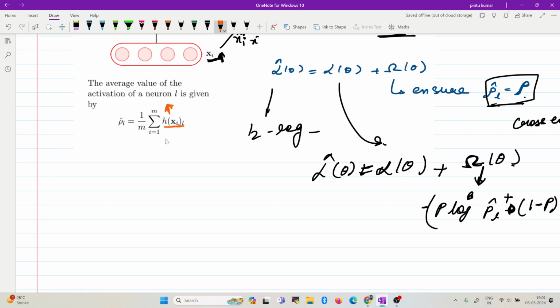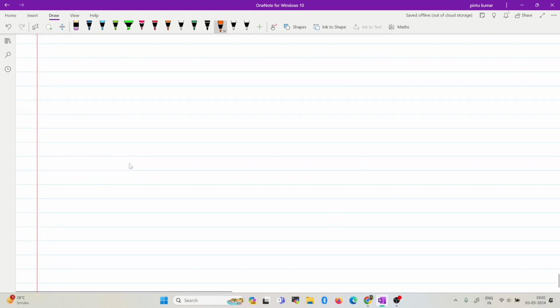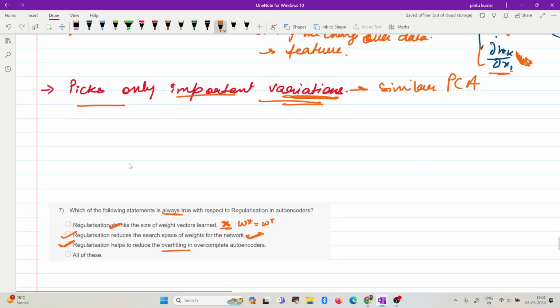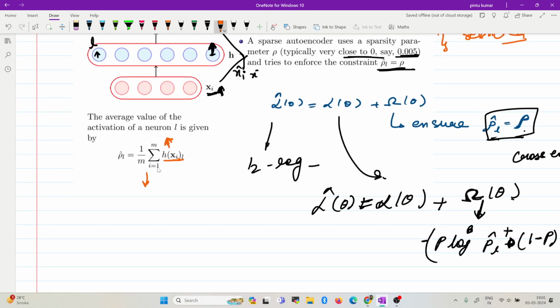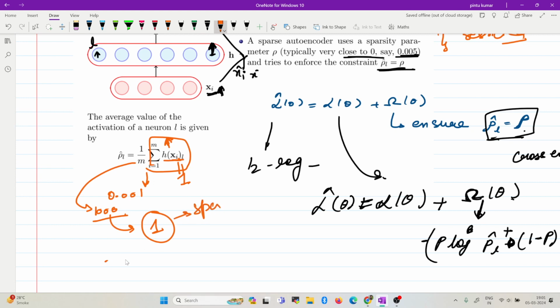So if this value is, let's say over here, 0.001, and let's say your m is 1000, that means this summation is only equal to 1. So out of 1000 data points, this has fired only for one data point. That's why we are calling it sparse. Now you said some other value.